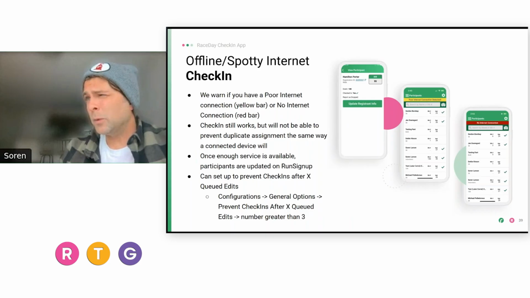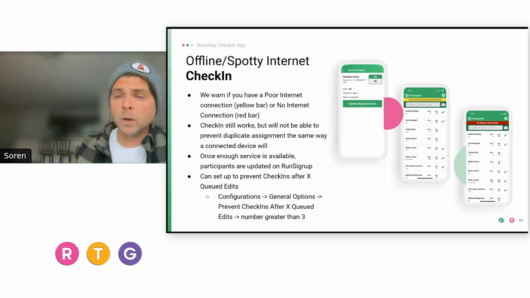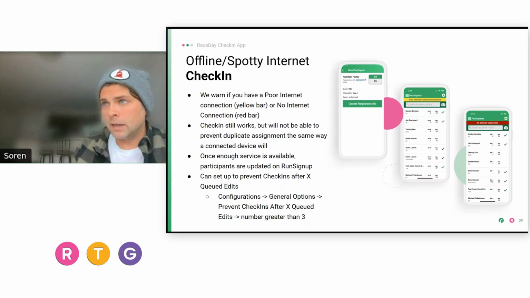And this is a really good prompt for that volunteer to go talk to someone and go make sure that things are working. Get them pushed up, get them back online, get them somewhere where they have service, or go look at the edit history and make those changes on a device that is working there. So it's a good indicator for someone that, hey, we should go talk to someone in charge.